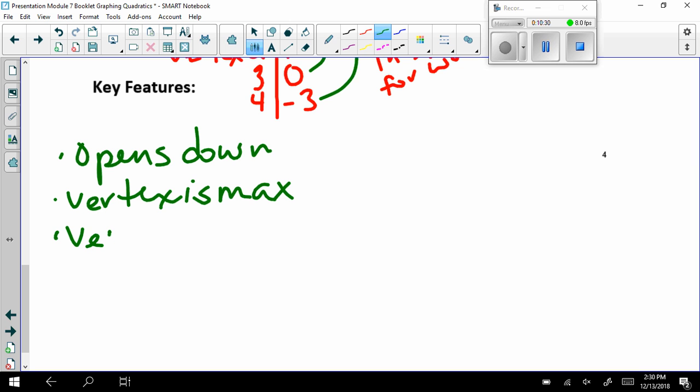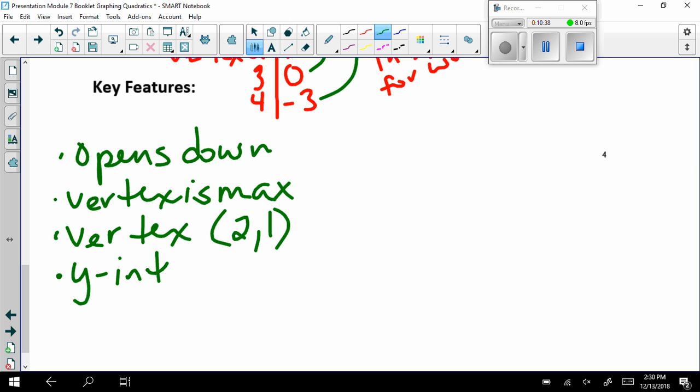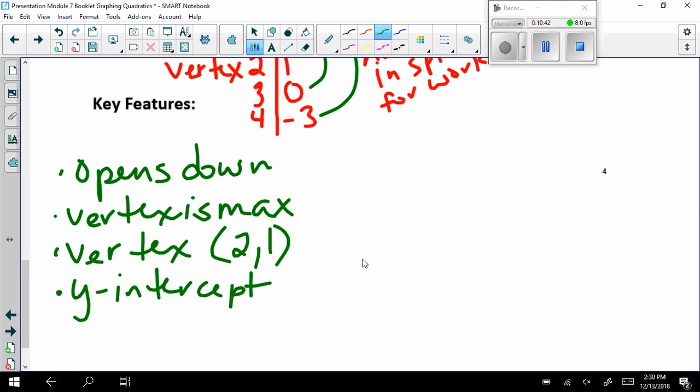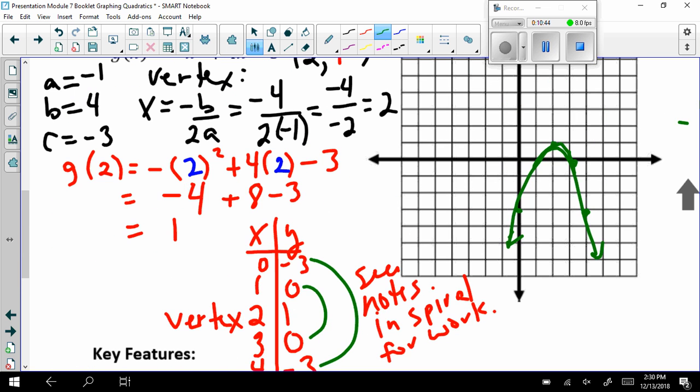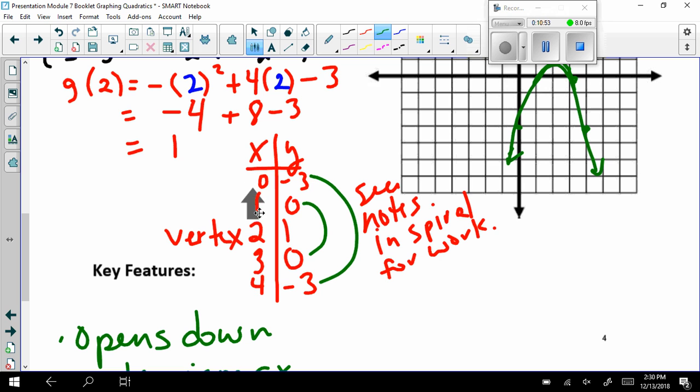And your vertex is the point (2, 1). Your y-intercept is going to be where your x is 0. So you can either look right here on your graph, (0, -3), or you can look right here in your table of values, (0, -3).